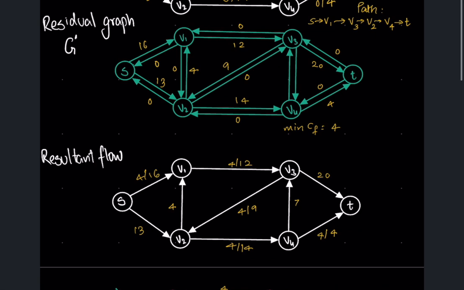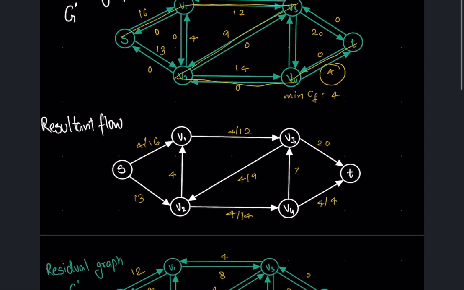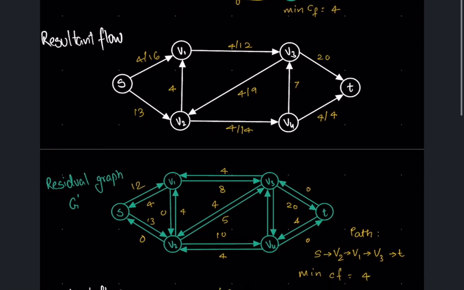So let us now consider a path to augment starting from S to V1, V1 to V3, V3 to V2, V2 to V4, V4 to T. Now over here we can figure out that the minimum capacity with which this path can be augmented is 4. So let us do that, and after filling up the flow we get the resultant graph as this one.